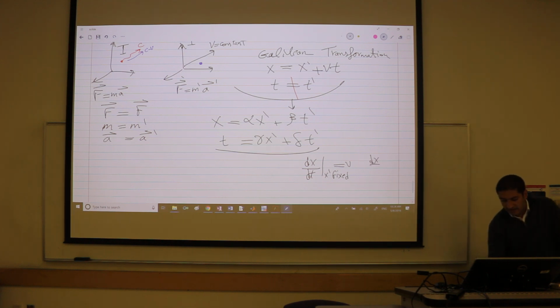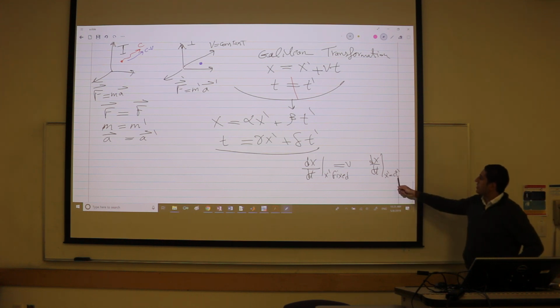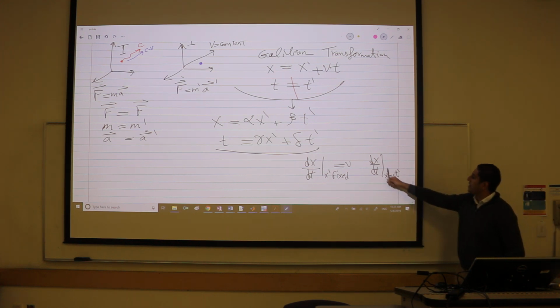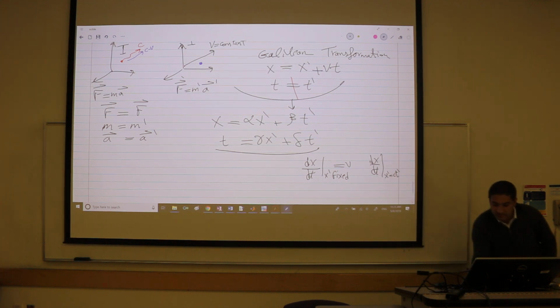And dx by dt, the velocity in the I frame, if x prime is moving with c times t prime, if I have a phenomenon happening here with c velocity, it should occur here with the same c velocity.